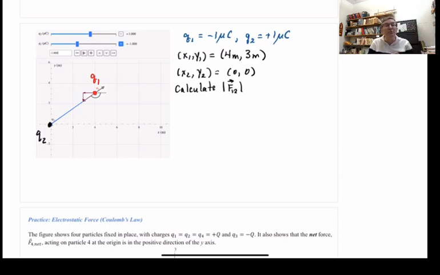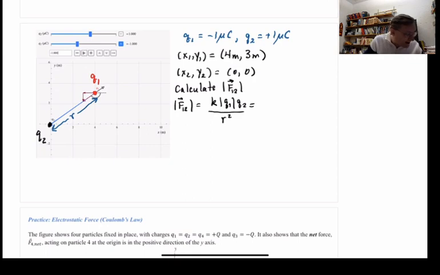We need to be able to use Coulomb's law to do that. Okay? Magnitude of force on 1 due to 2. That will be K times the magnitude of Q1, because I don't want any negatives, times Q2, it's already positive, over r squared. R, remember, is the straight line distance between the two particles. Okay? All right, let's plug in numbers.